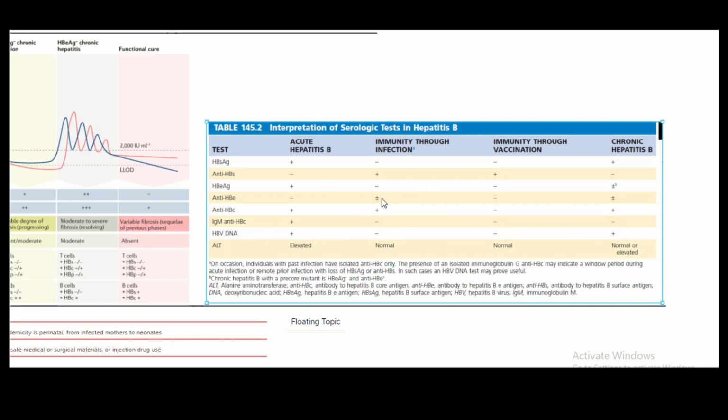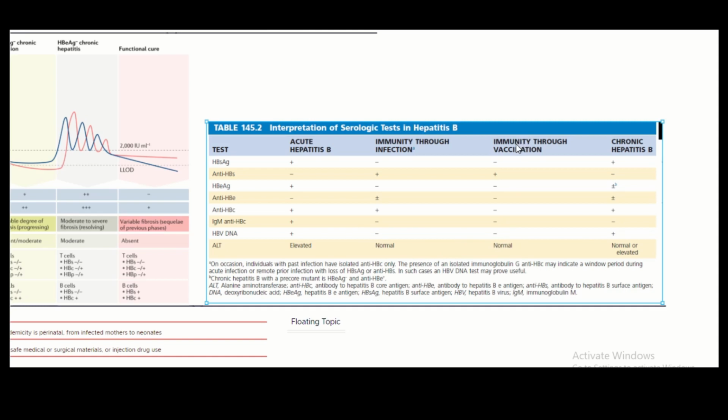When we are having immunity through vaccination, we will only have anti-HBs. Anti-HBs is the only type of immunity acquired by antibodies after vaccination. So, to recap, immunity through vaccination has anti-HBs only.